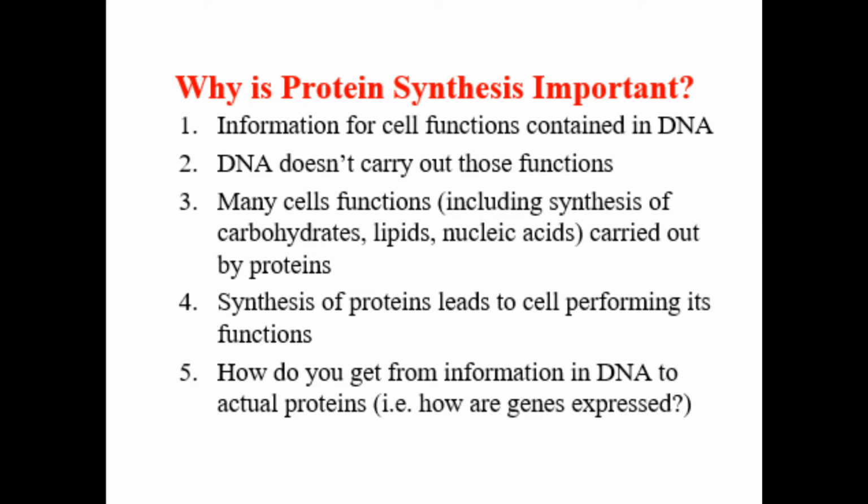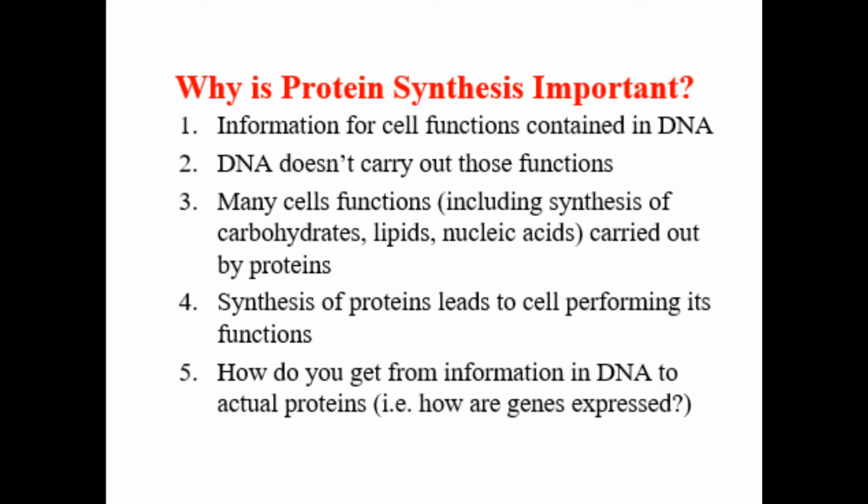Once you make proteins, enzymes, structural proteins, whatever these proteins are being used for, then you can make carbohydrates, then you can make more nucleic acids, then you can make lipids, because these proteins, one of their most important functions is as enzymes, and those enzymes can be used to do all these other things. So the question to keep in mind this whole time when we're looking at RNA is, how do you get from DNA, which is sitting there in the nucleus saying, I'm not going out there to the ribosomes, I'm going to stay here.